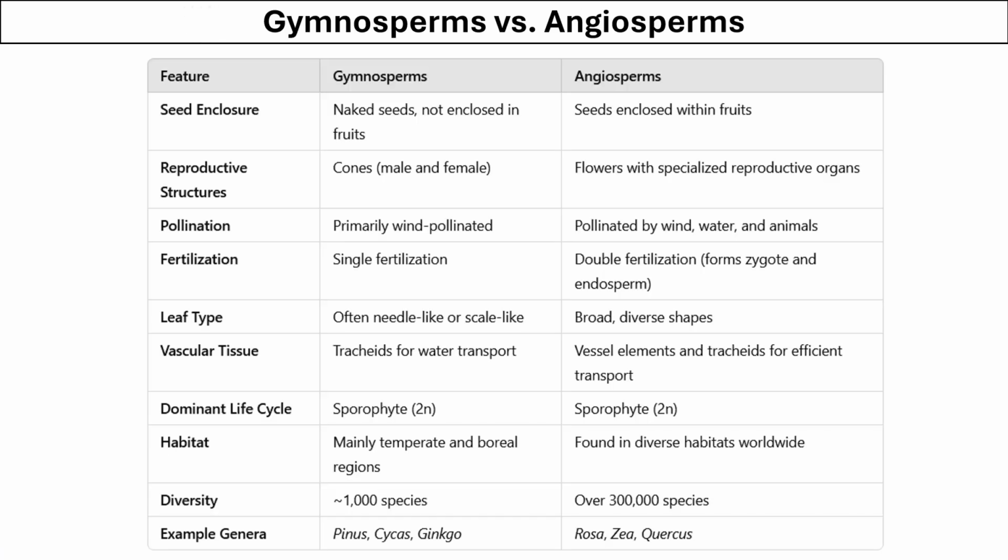Now that we have gathered information about gymnosperms and angiosperms, let's see a contrast between them. In gymnosperms, the seeds are naked. They are not enclosed in a fruit, but they are enclosed in a fruit in the angiosperms. The gymnosperm have the reproductive structures in the form of cones, whereas in angiosperms they are in the form of flowers.